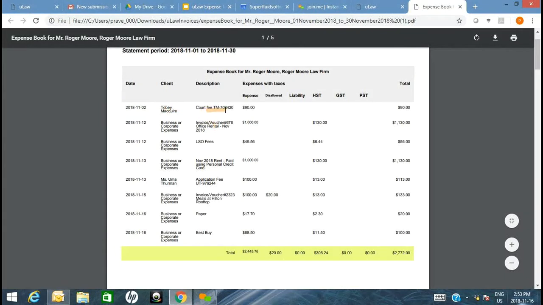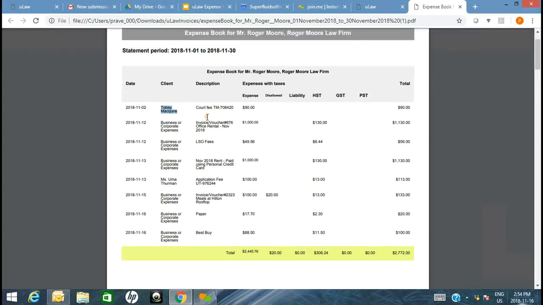Again, as you can see, the expense book not only has the expenses that have occurred for clients, but also expenses that have occurred for your business. So this particular expense on the 2nd of November was for a client. And this is why it's important, because this expense book is a combination of both disbursements or client-related expenses and business expense, right? And the appropriate taxes.